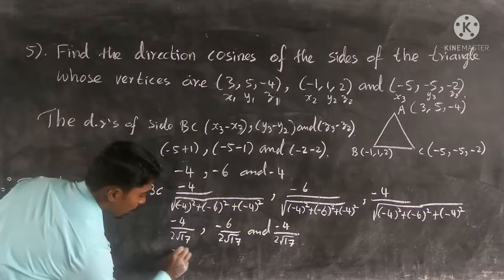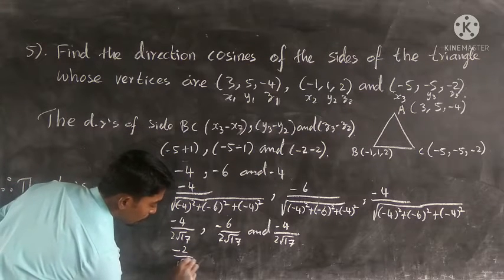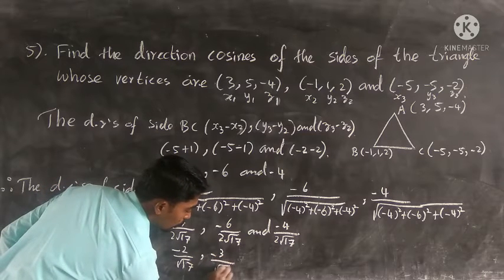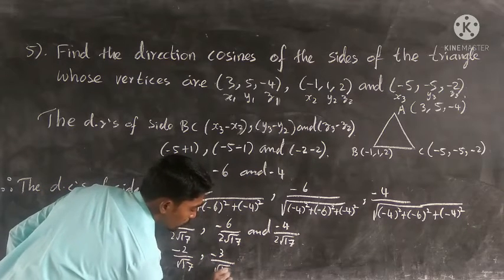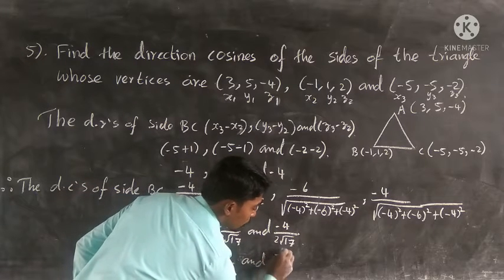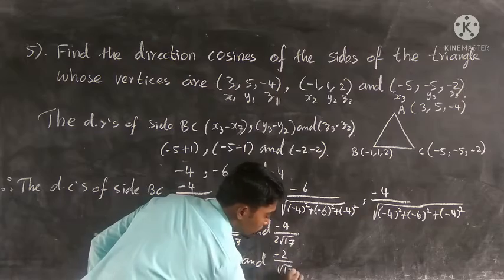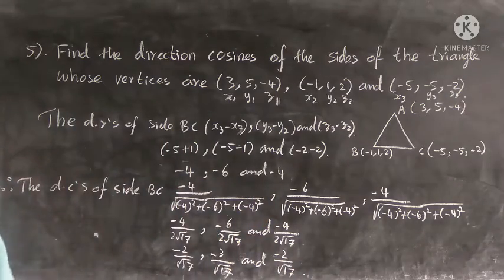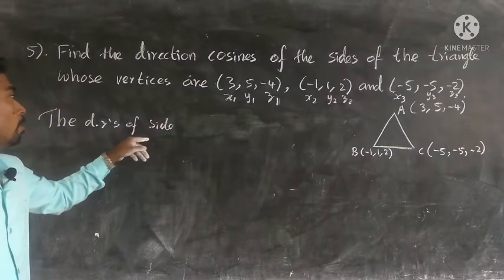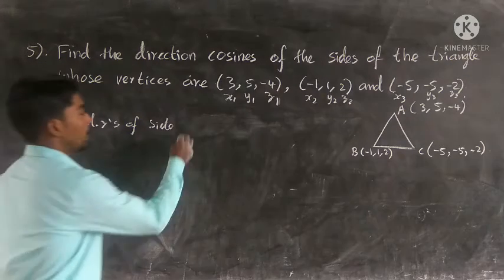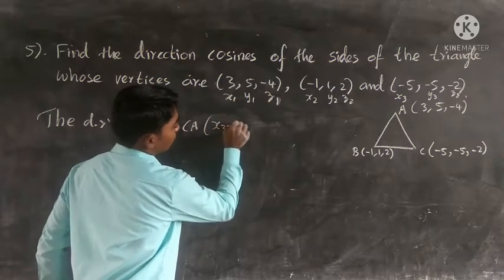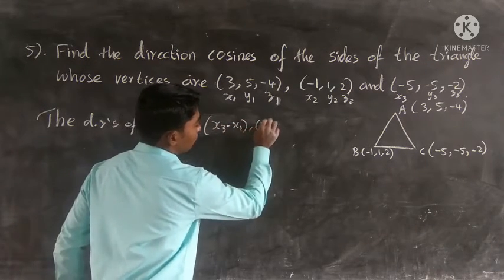We will get -2 by root 17, -3 by root 17 and -2 by root 17. Next we are going to find the direction ratio of the side CA, that is x3 minus x1, y3 minus y1 and z3 minus z1.